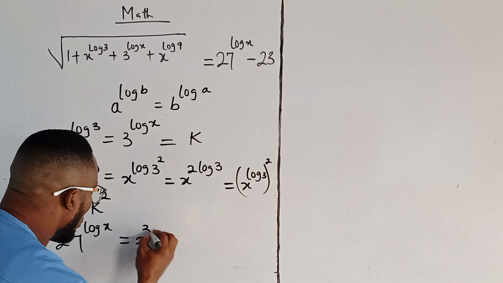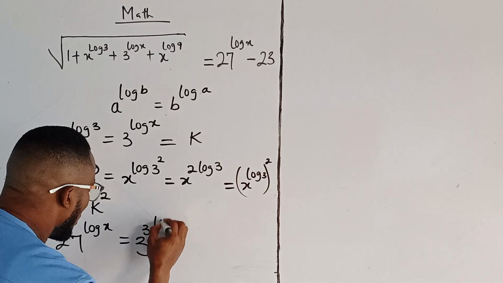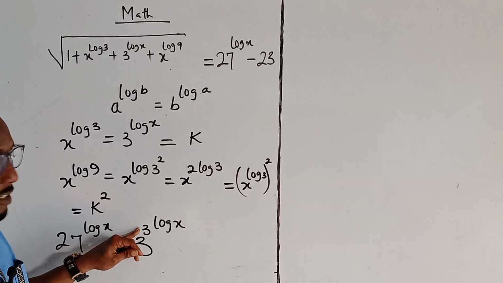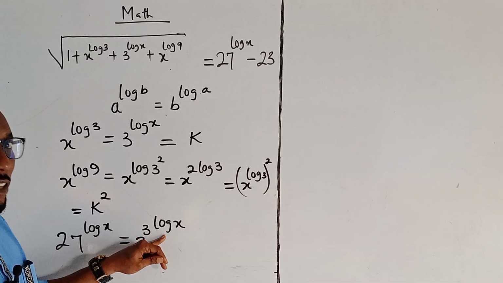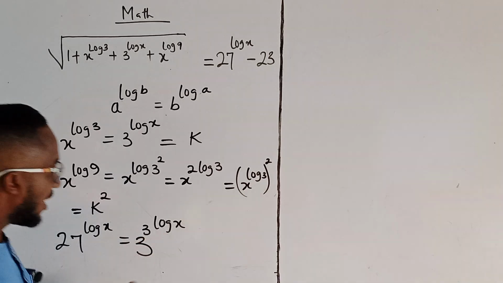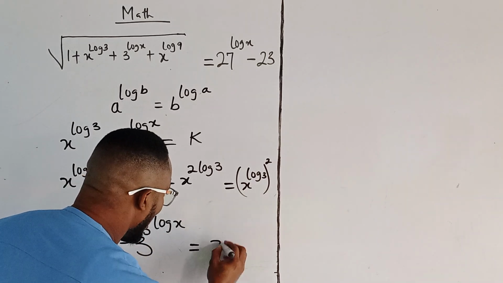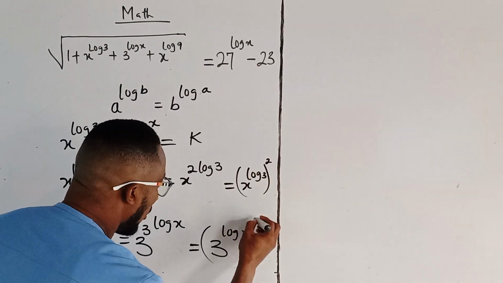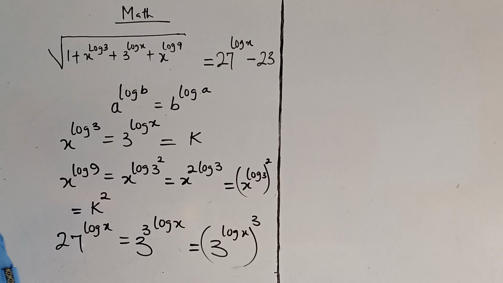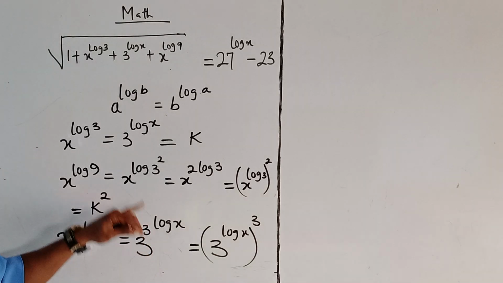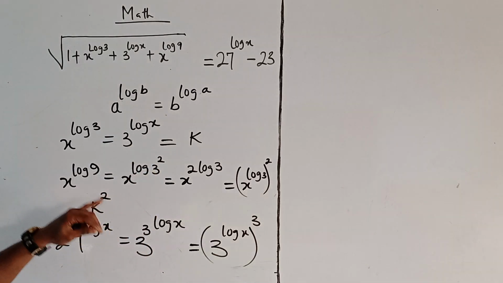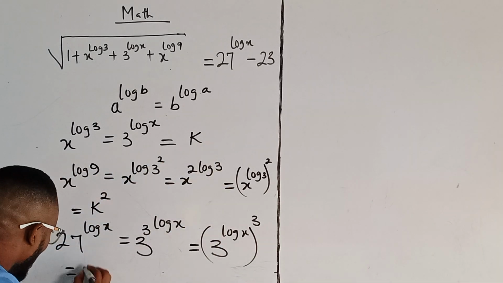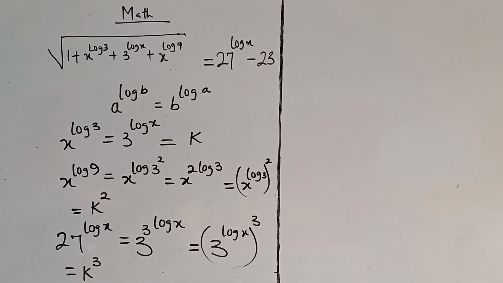It will be 3 cubed, then log x. As you can see, 3 is a power, log of the argument x is a power. I can also write this to be 3 power log x, all cubed. So since 3 power log x is equal to s power log 3, which is equal to k, I can then call this k cubed.